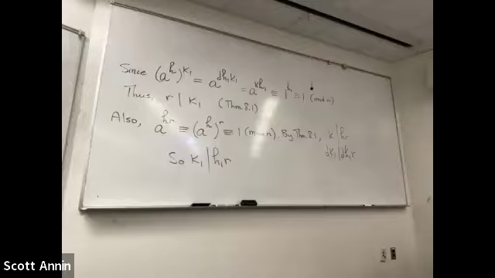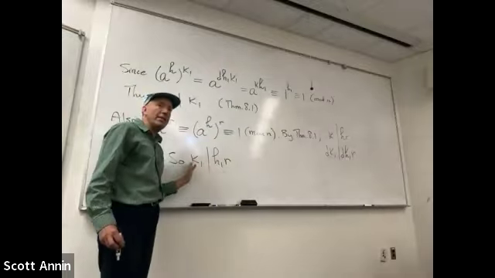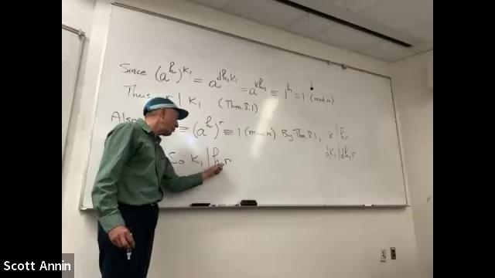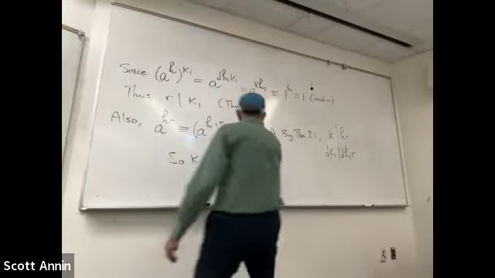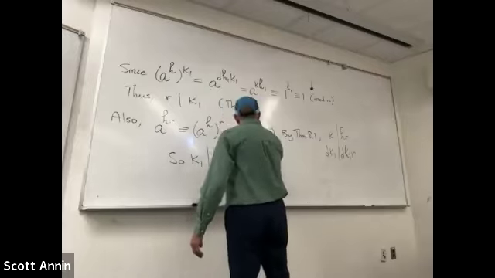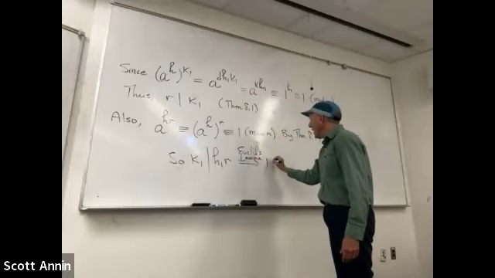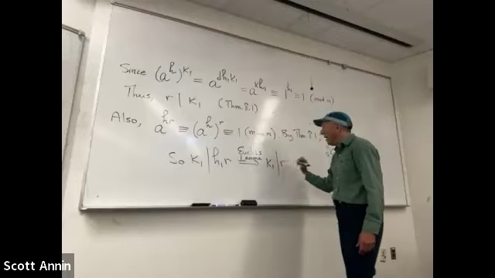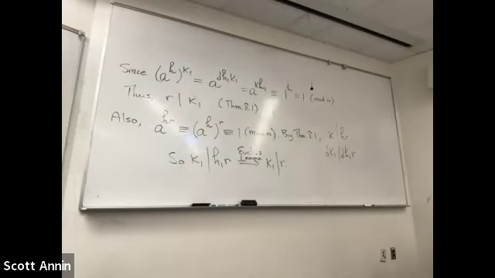But here's where we use this assumption that H1 and K1 have no common factors in them. So you probably remember that, well, if K1 has no common factors with H1, it must divide fully into R. That was Euclid's lemma, right? So the last line here, by Euclid's lemma, we get that K1 actually has to fully divide into R. And that's the other half of this two-part verification here.